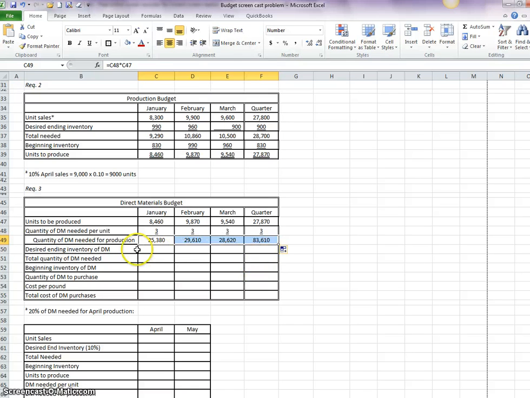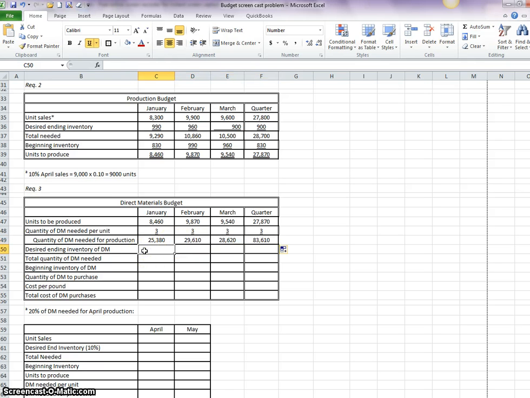Now the desired ending inventory, as you will recall, is 20% of the next month's production needs. So at the end of January, we want to have 20% of what we're going to need in February.